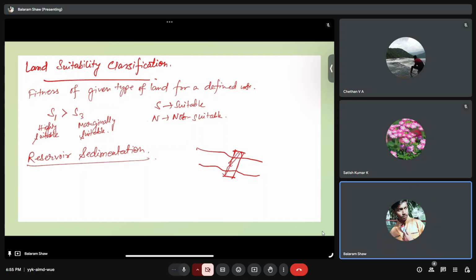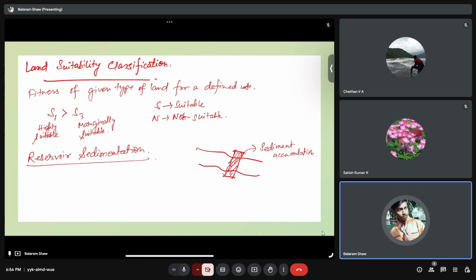There will be accumulation of sediment here, right? And hence it will have a sediment accumulation within the reservoir, right? Every river will have varying sedimentation rates. So all reservoirs eventually lose water storage capacity as the sediment occupies the water storage space.